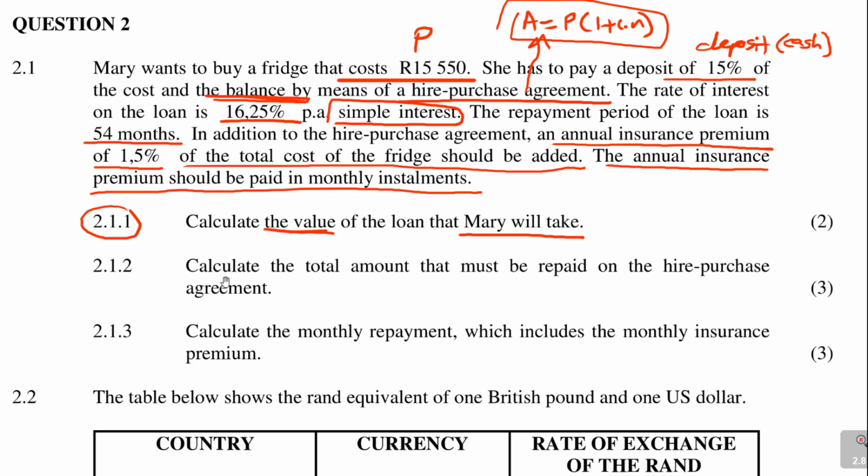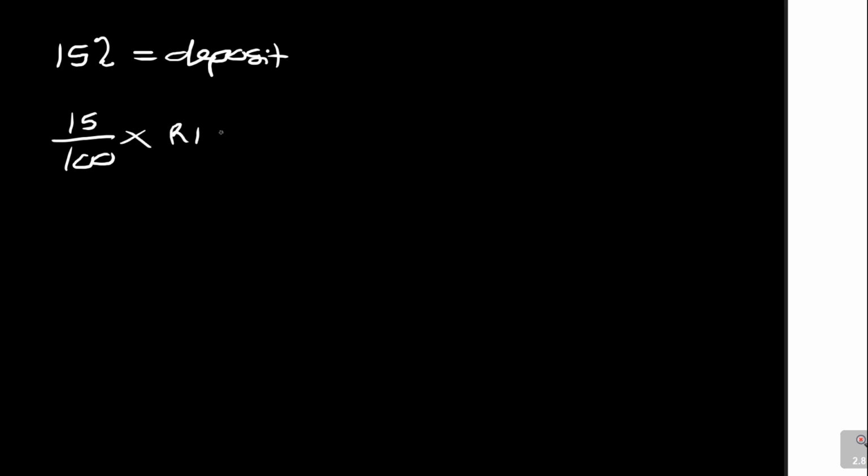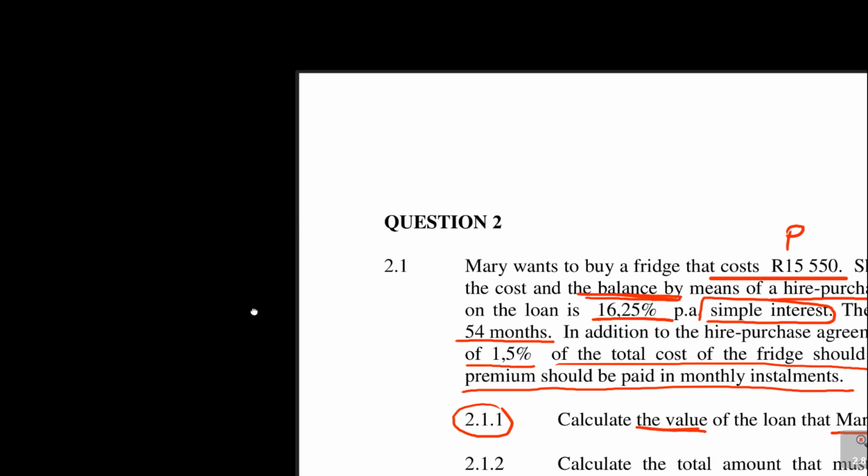So what you do, you say okay, 15% is deposit. Are you with me? So you're going to say 15 over 100 times the cost of the fridge, which is 15,550. Let me just check here. Yes.